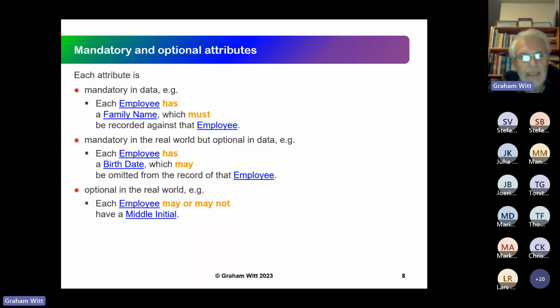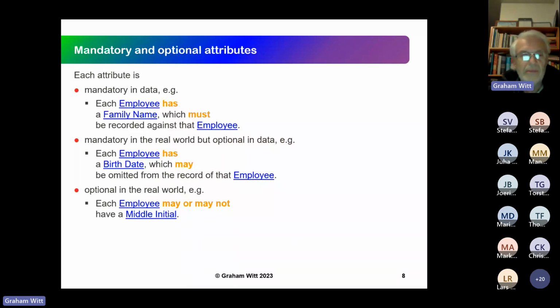An employee has a family name, and that must be recorded against that employee. But it could be mandatory in the real world, but optional in the data. So each employee has a birth date, which may be omitted from the record of that employee. And then, of course, optional in the real world. An employee may or may not have a middle initial.